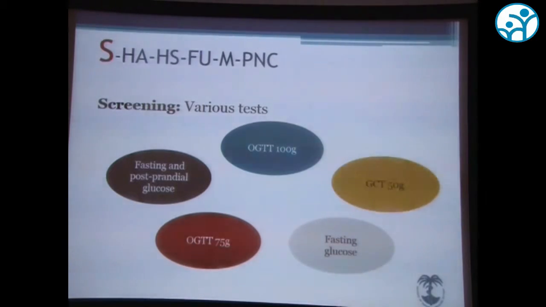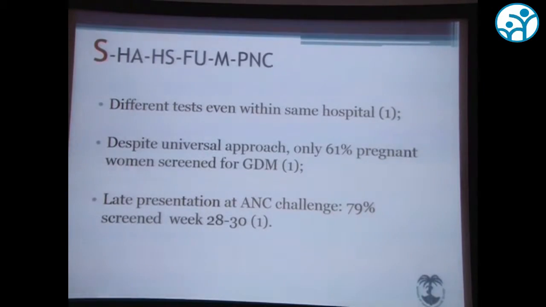So you have a variety of screening tests that have been used. We even found in the articles that in the same hospital, different tests for screening were used in different units. In one hospital, despite using a universal approach that is actually common guideline, only 61% of women were screened. Universal means screen all women, but only 61% of women were screened.